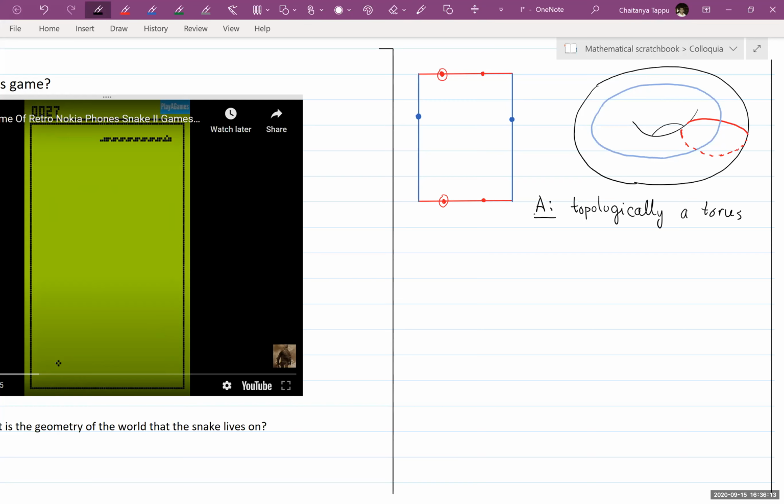What are more features of this world? You can unmute and say something if you want to. We already said it's a rectangle with opposite edges identified, but there can be more structure to this space. If you have any guesses.